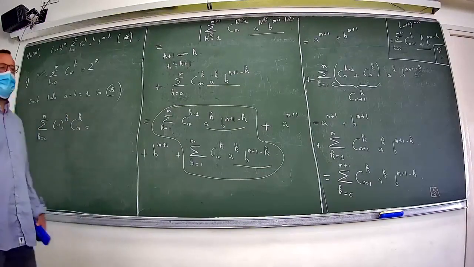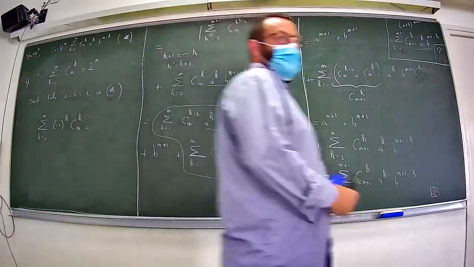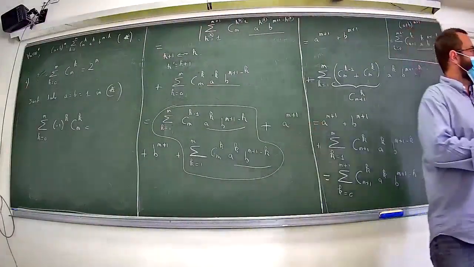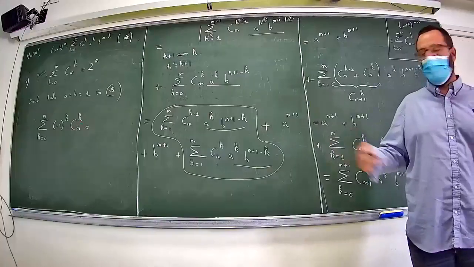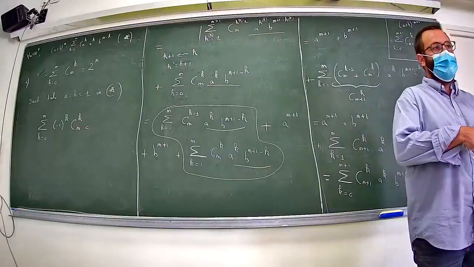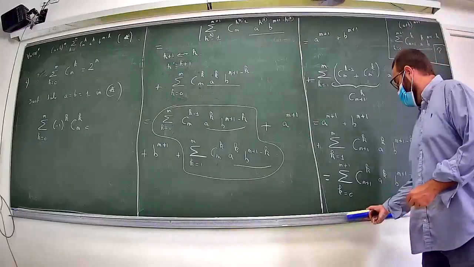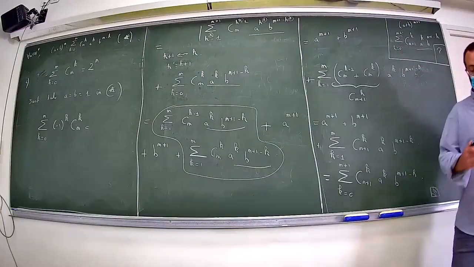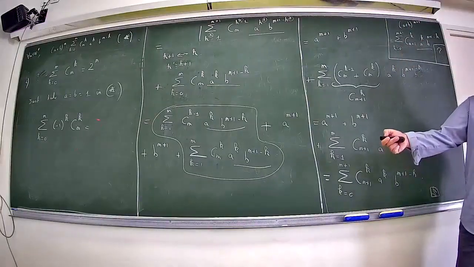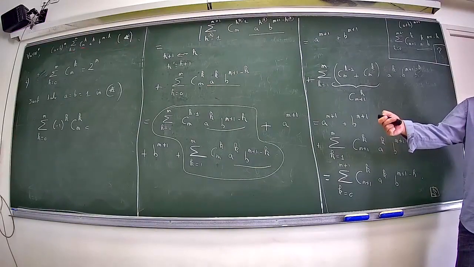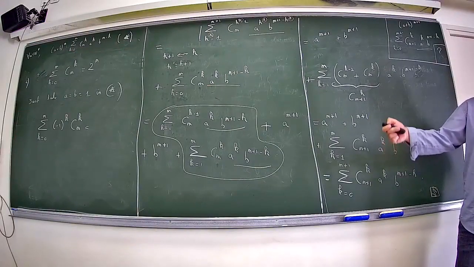I am interested in this sum here. For k equal to 0, I have C(n,0). For k equal to 1, I have minus C(n,1), then C(n,2), and so on. And my question is once again, how do I recover this sum from this one?